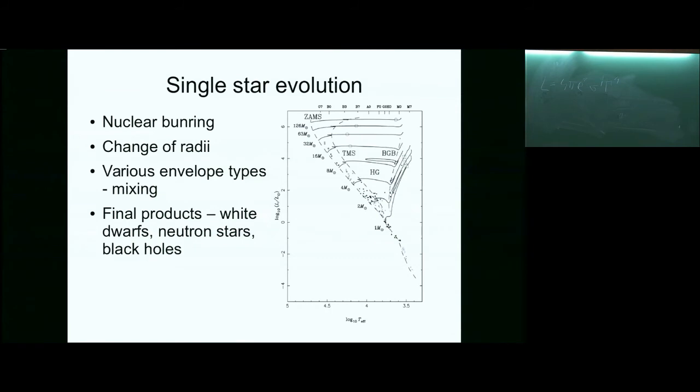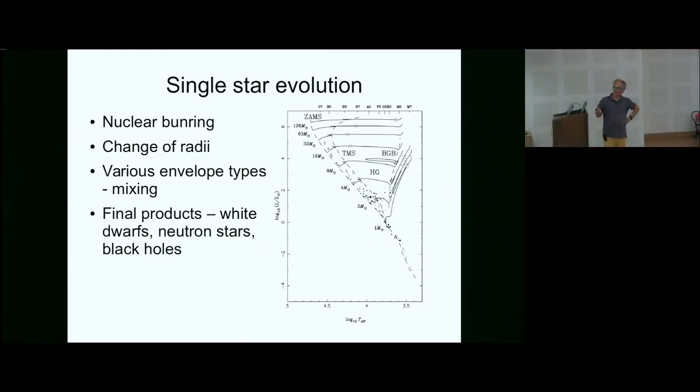What is happening here is that the stars move to the right and up, and never cross this line, which corresponds to about 3,000 degrees, and there is a very good physical reason for that, that I may mention in a moment.